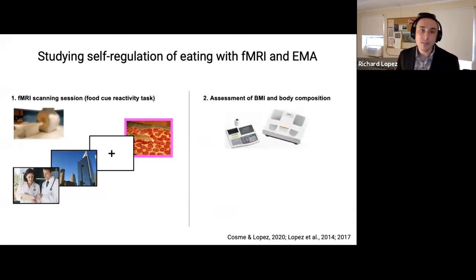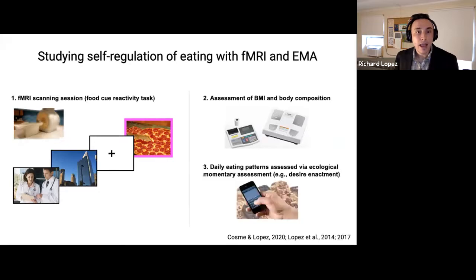We also assess participants' body mass index and aspects of their body composition using biological impedance. And last but not least, and critically, we also have participants complete an EMA protocol where different aspects of their daily eating behaviors are assessed, including how frequently they gave into desires to eat food in their daily lives.